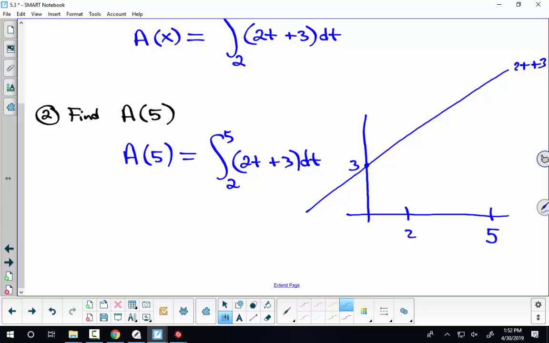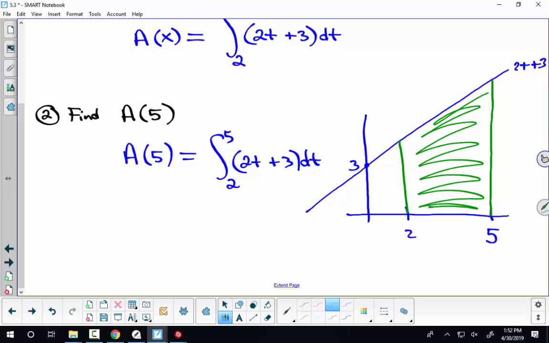Is there another way to find the area from 2 to 5? So we're finding this area. We can do that the long way with the definition, the limit, all that stuff. Or we could just say, well, that's a pretty plain geometric figure.